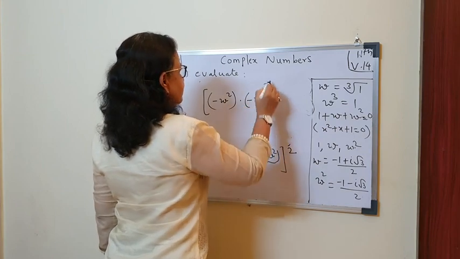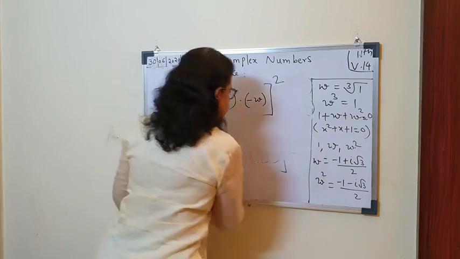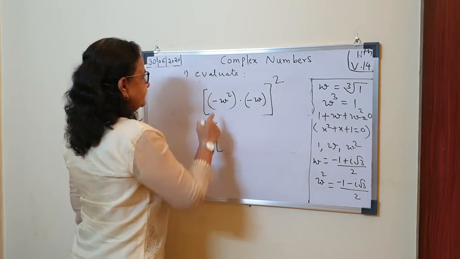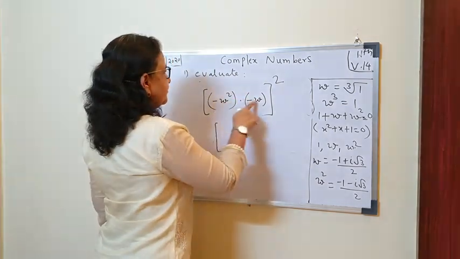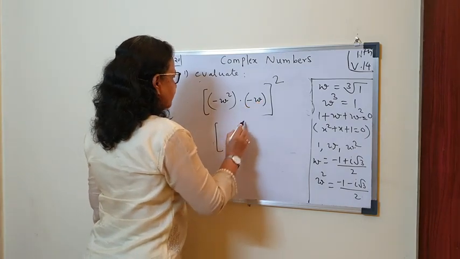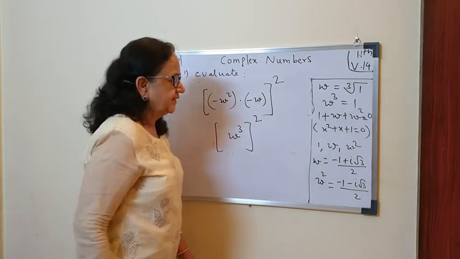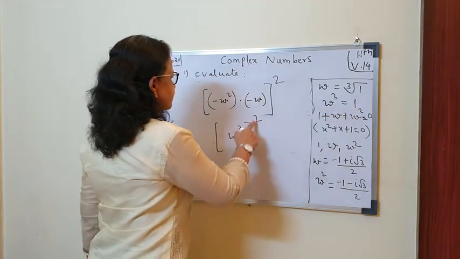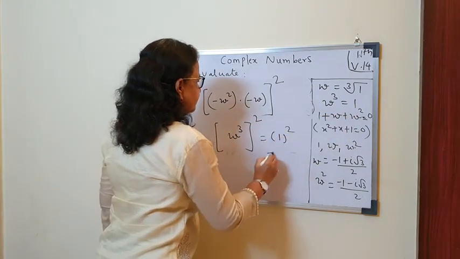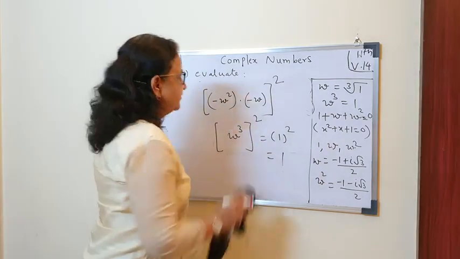Bracket closed, raised to 2. And now inside, minus into minus, the product has become plus omega square into omega. That is omega cube. Bracket square. But you know omega cube is always equal to 1. So it is 1 square, and therefore the final answer came out to be 1. So the value is equal to 1.